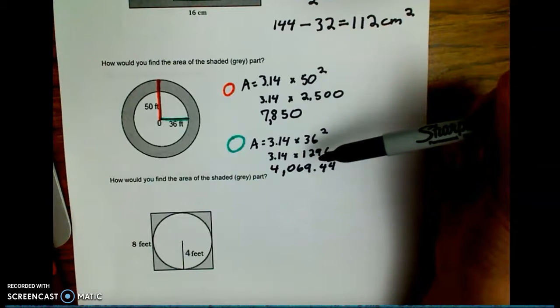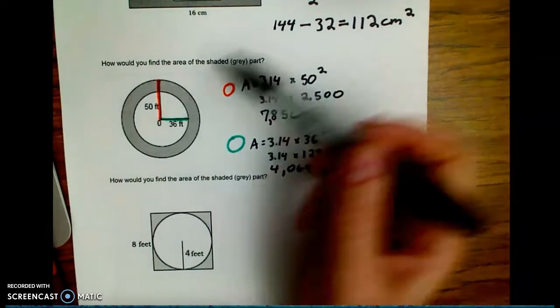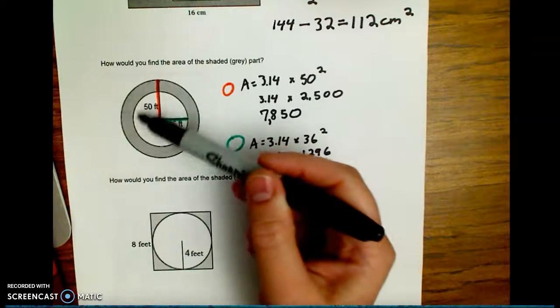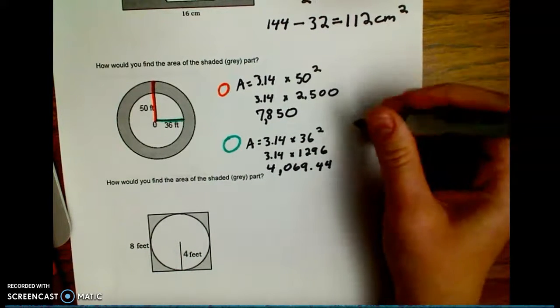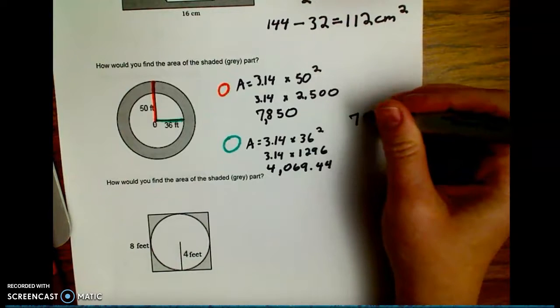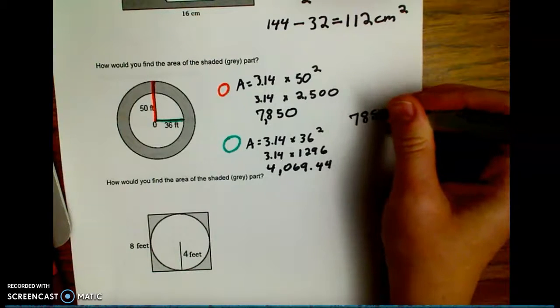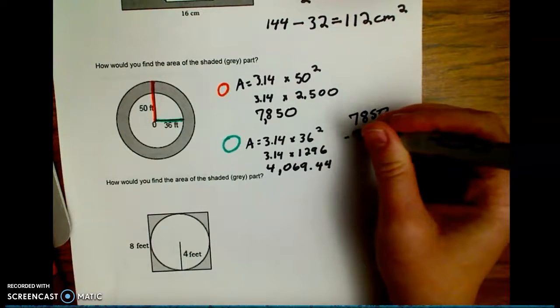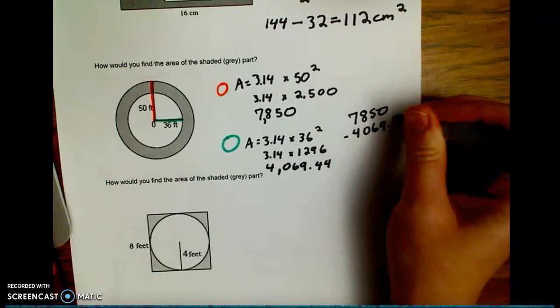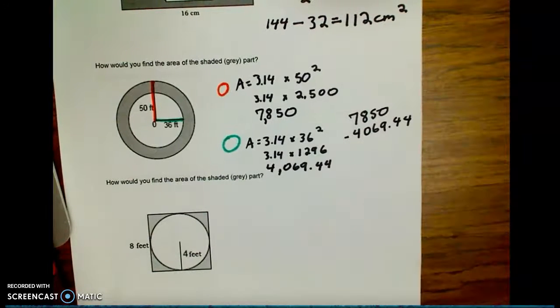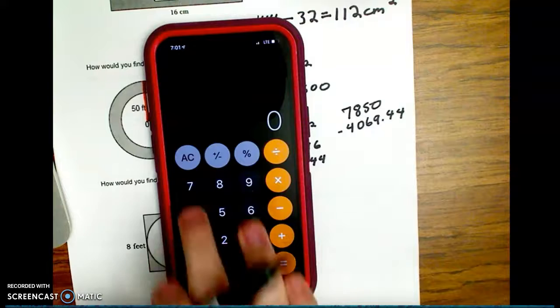And again, because the gray circle has this part cut out of it, I need to subtract 7,850 minus 4,069.44. Thank heavens there are calculators.